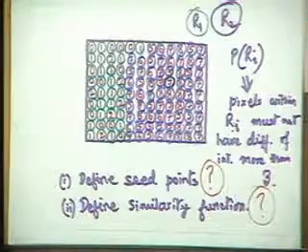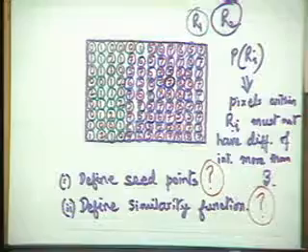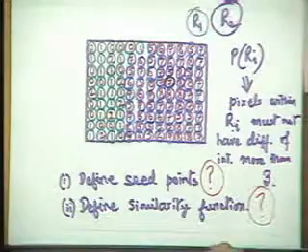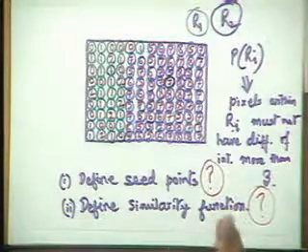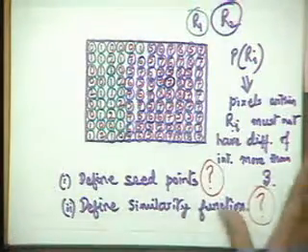May not be. For example, we very often have images which have very definite textures. Textures means there are certain repetitive patterns.